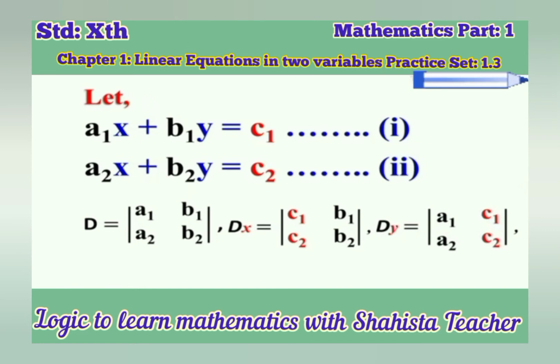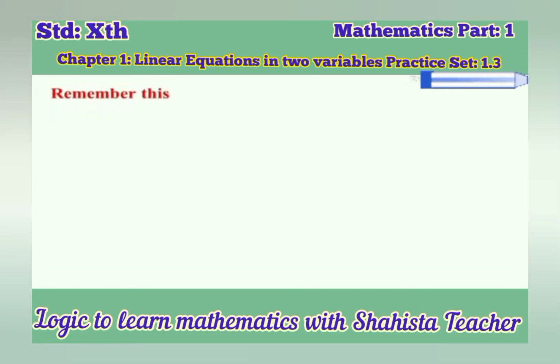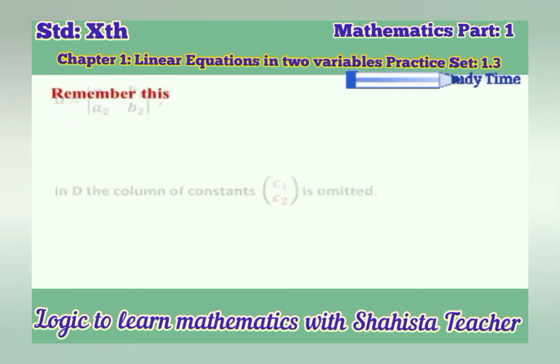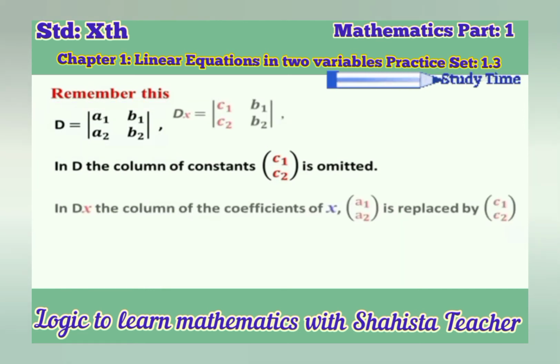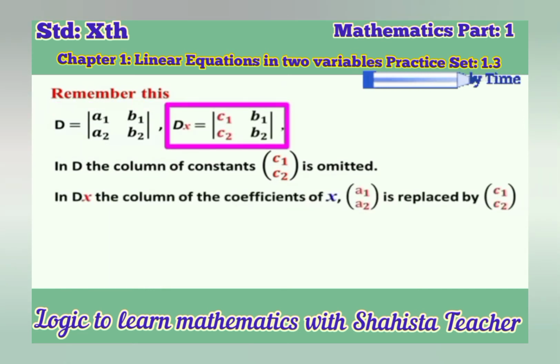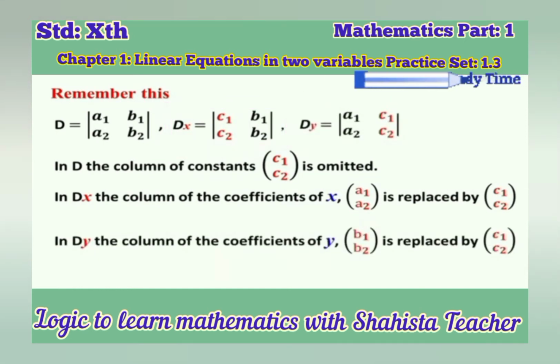Okay. Now we will apply this. Remember this: the determinant D is equal to |a1 b1; a2 b2|. In D, the column of constants c1, c2 is omitted. Dx is |c1 b1; c2 b2|.